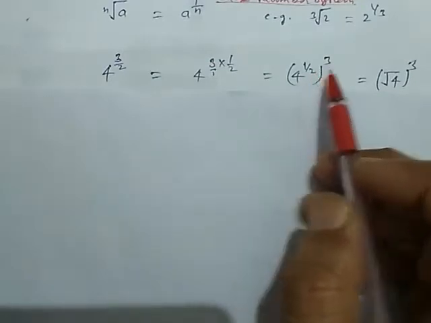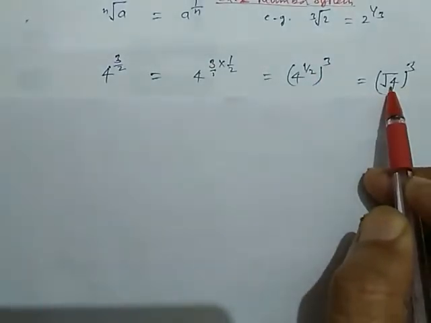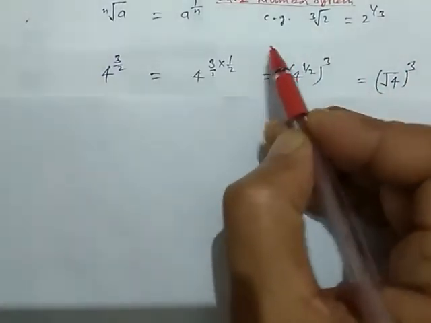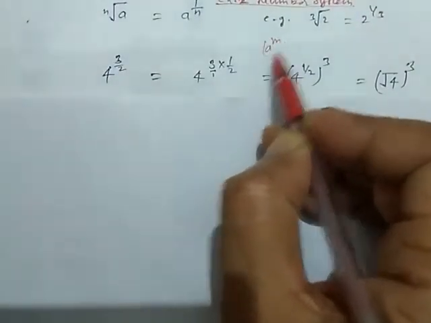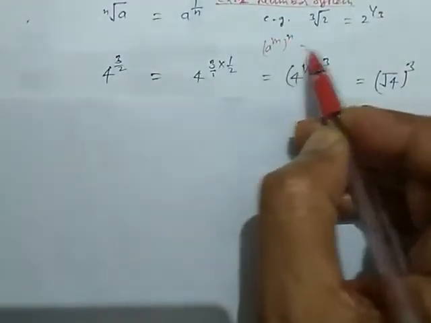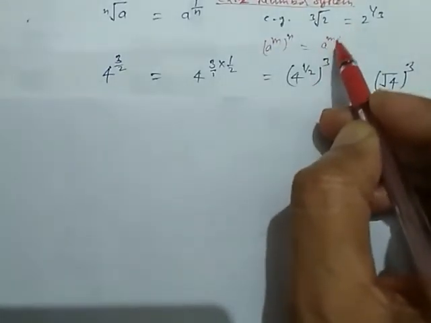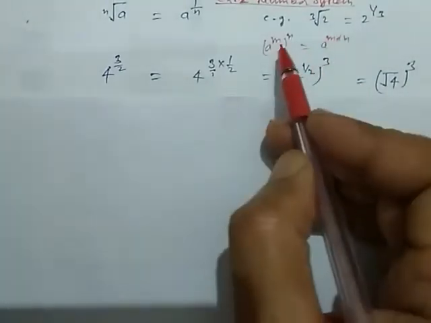So we get root 4 whole cube. Why this? We know a to the power m whole power n equals a power m into n, and this is the converse of this.